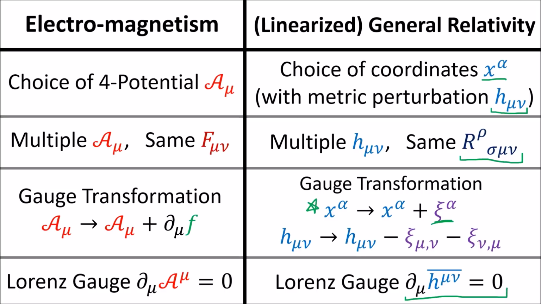So given any choice of coordinates in linearized gravity, we always have the ability to choose a displacement field psi, which is a gauge transformation, to bring us to the Lorenz gauge, which is a coordinate system that obeys this property. And this gauge transformation will not change the components of the Riemann tensor. And that's all I plan to say about gauges for now.